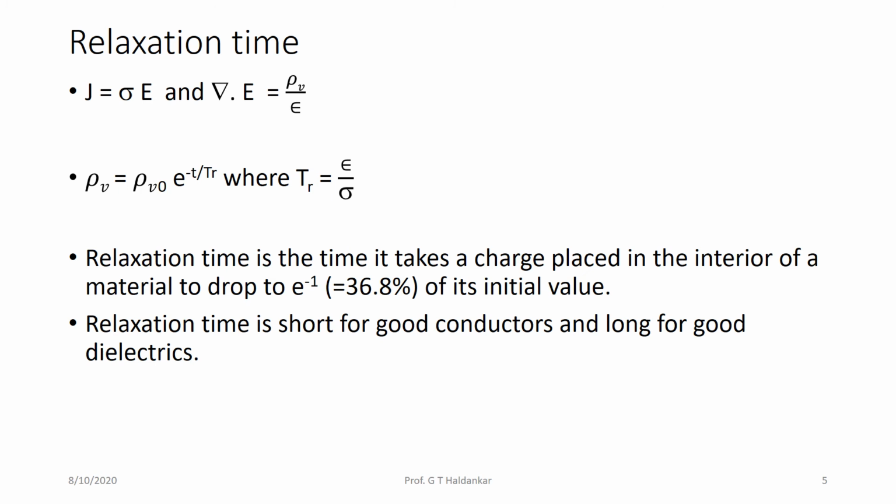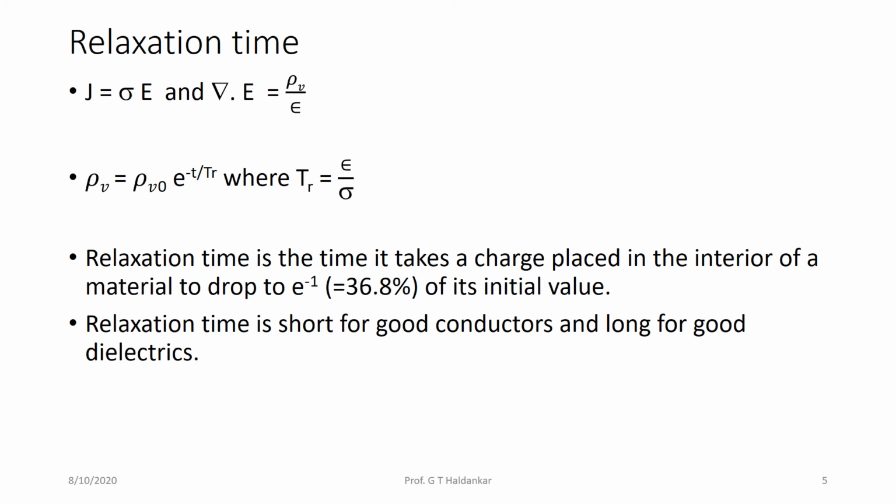Since epsilon is a constant, it is taken to the right hand side. If you put D equal to epsilon E, then you will get this equation, that the divergence of E is equal to rho v by epsilon. Now I'm directly writing the equation.